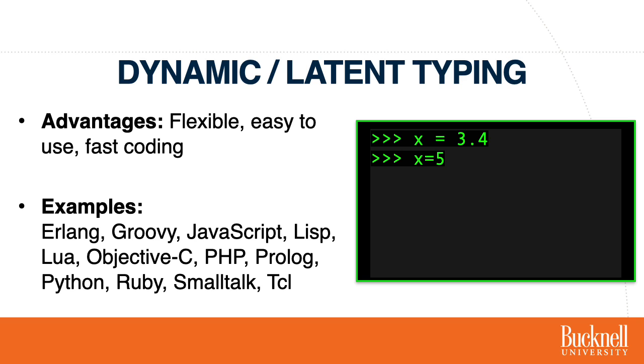Then we can immediately instead give it the value 5 and have that be an integer, or put in the value hello, which is a string, and we can print it and we get hello. And this doesn't cause any problems because the variable x doesn't really have a type. Instead, the data inside of x has a type, and we can simply swap out the data inside of x for something else.